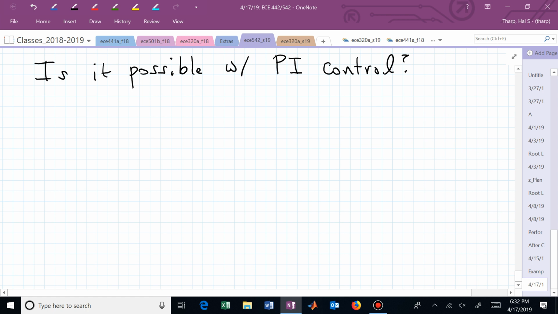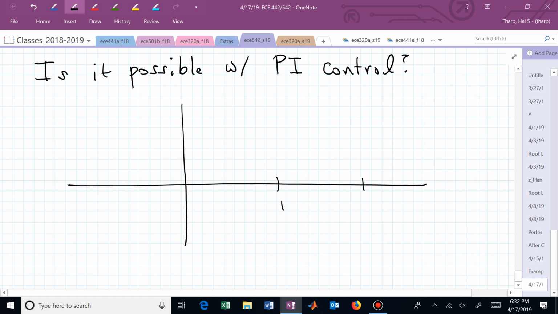Let me try to draw the picture. There's 1 and 2, and now I'm saying that I want my triangles to be about there at 0.9 plus and minus J 0.1, and I had a pole here and a pole there. And what I'm trying to figure out is what's beta.